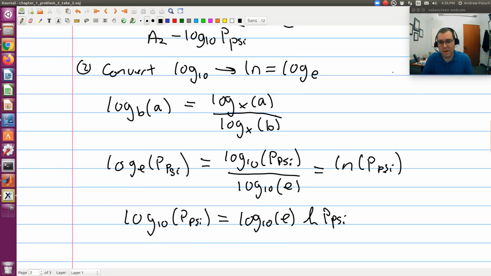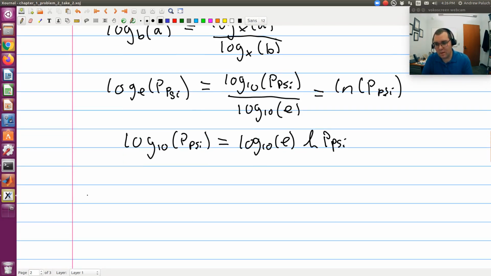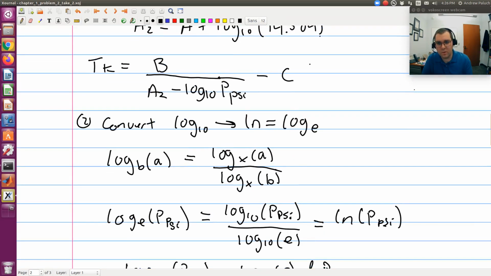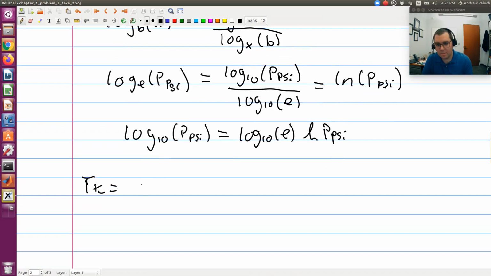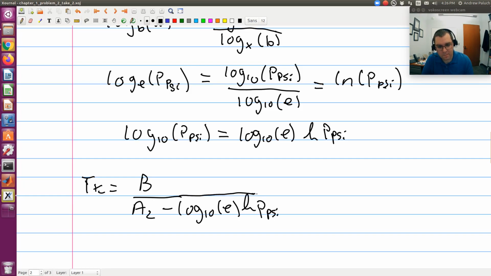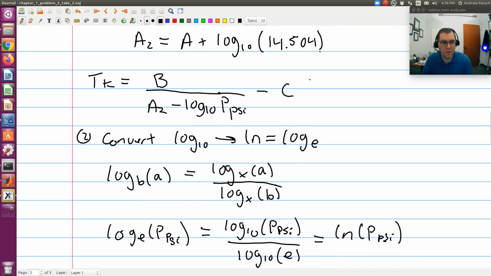So plugging that in, now I have TK is equal to B over A2, minus log base 10 of E times natural log of P in PSI, and that's minus C. Okay, cool.